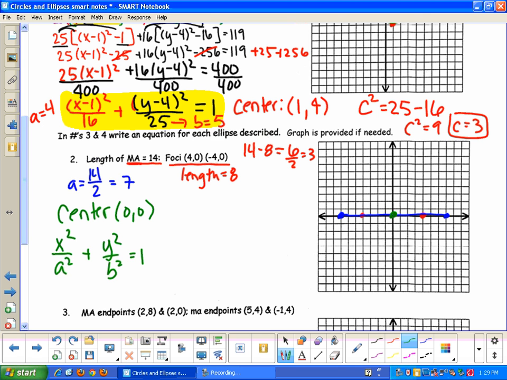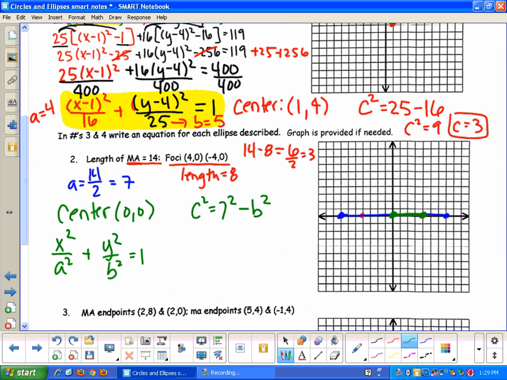So if we know what our a is, remember we have the equation c squared is equal to a squared minus b squared. So a is 7, so 7 squared minus b squared. C, we know, is the distance from the center to the focus, which is right here, the focal point.